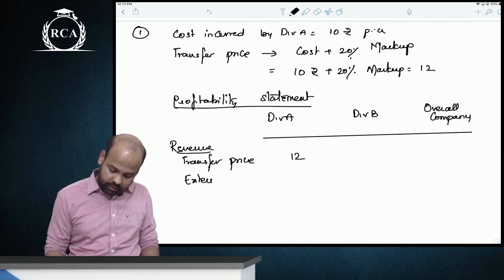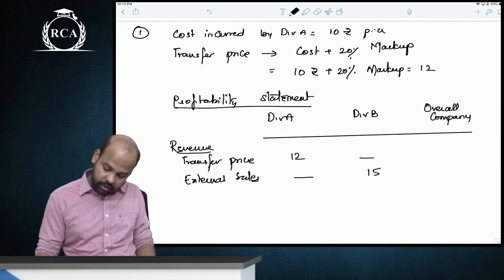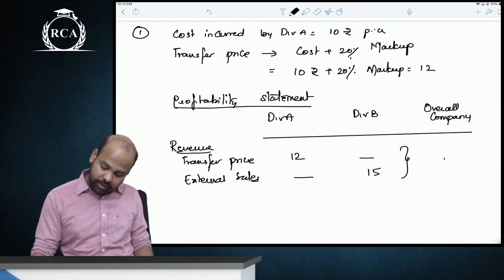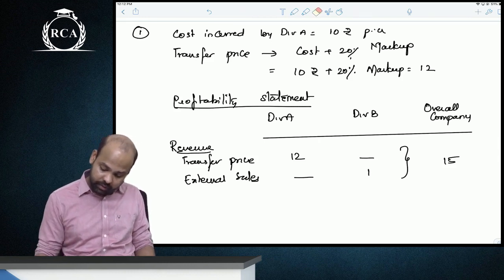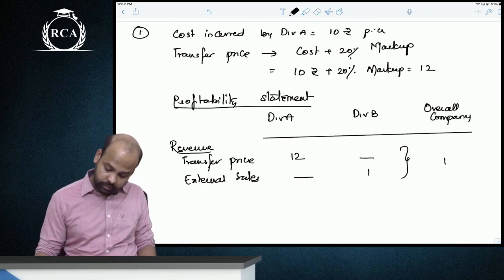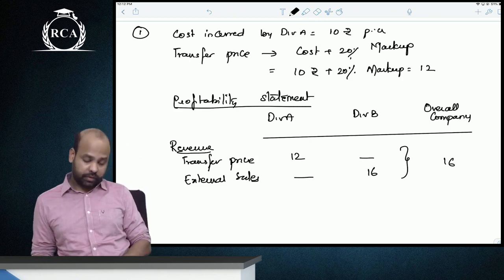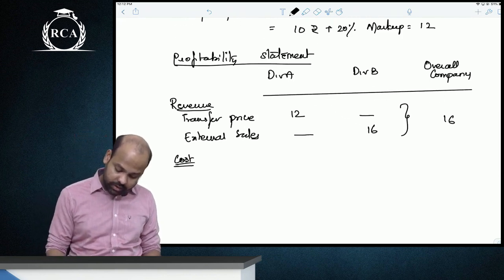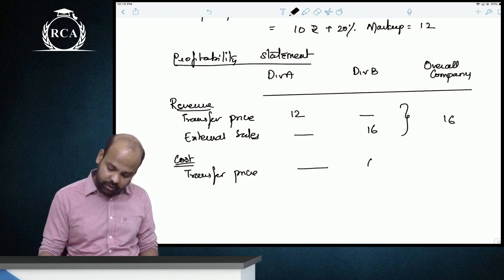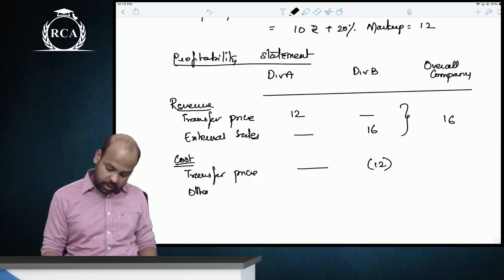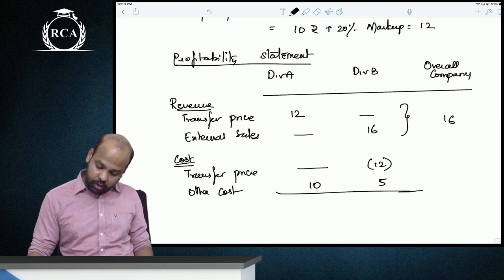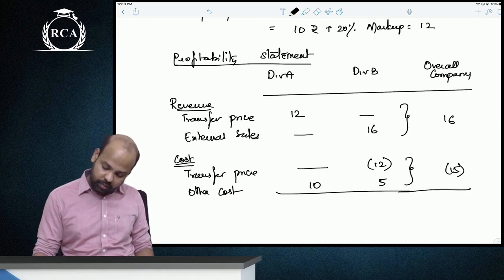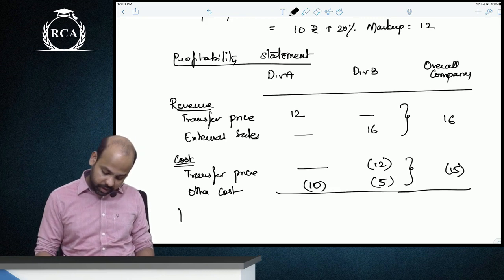The external sales made by division B is 16 rupees. Overall company revenue is only 16 rupees, guys. As far as cost is concerned, the transfer from one division to the other is costing them 12 rupees. The other cost incurred by division A is 10, division B is 5. Overall cost, beta, is 15 rupees.